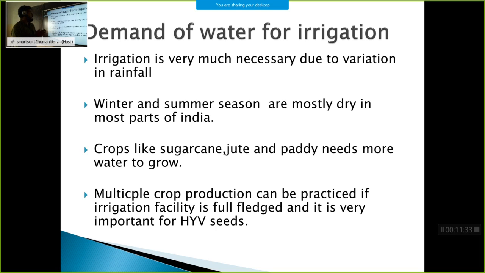For that reason, for irrigation and other purposes, we need artificial irrigation. Winter and summer seasons are mostly dry in most parts of India. Crops like sugarcane, jute and paddy need more water to grow. These crops need a huge volume of water for their growth.